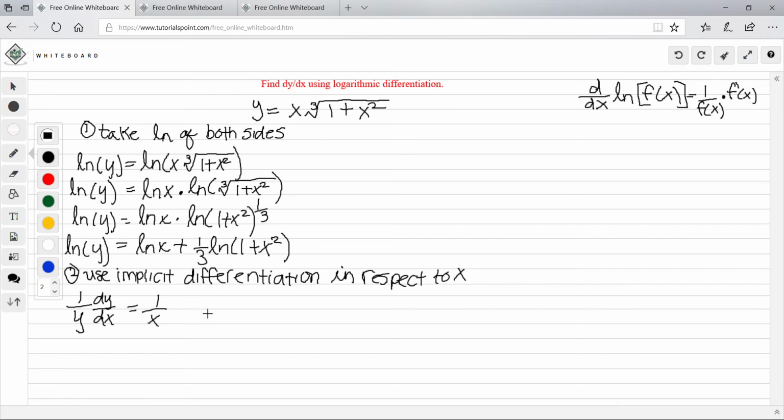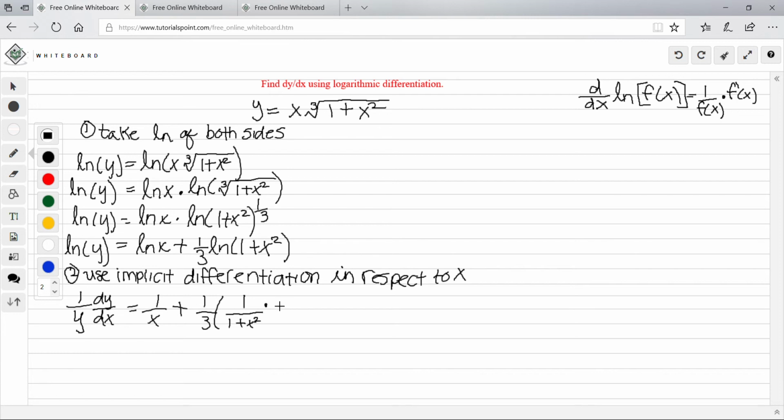Plus, okay, the derivative of ln of 1 plus x squared uses this formula. This one looks like ln of f of x, so you have to do 1 over f of x times f prime of x. And remember, don't forget this 1/3, so we put a 1/3. So the derivative of ln of 1 plus x squared is 1 over 1 plus x squared, and then we take the derivative of this.